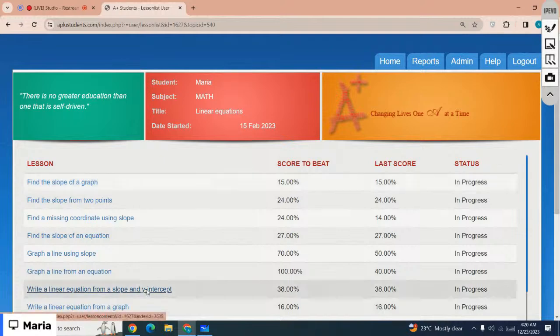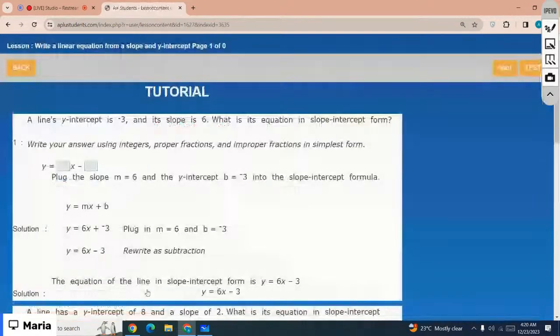So when you are given the slope and the y-intercept, how do we write the equation? Basically, all the lessons are interconnected. We just learned graphing, graph the line using equation. Right now, you are going to learn how we write an equation when you are given the slope and the y-intercept, right?